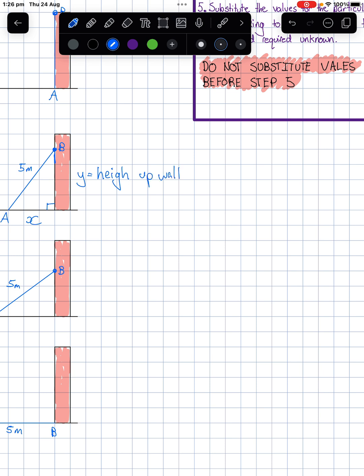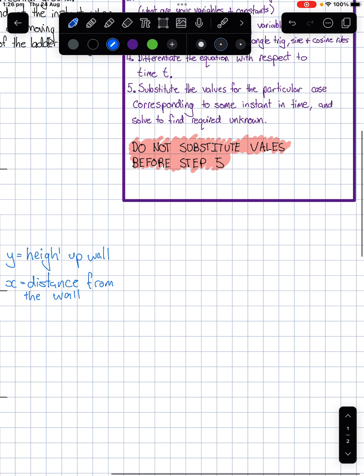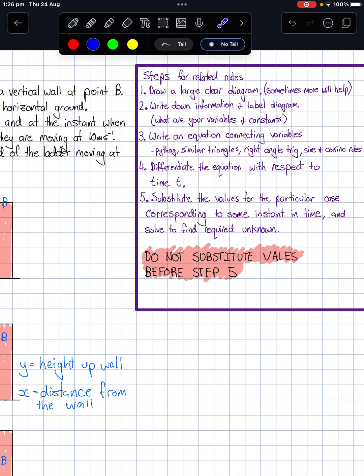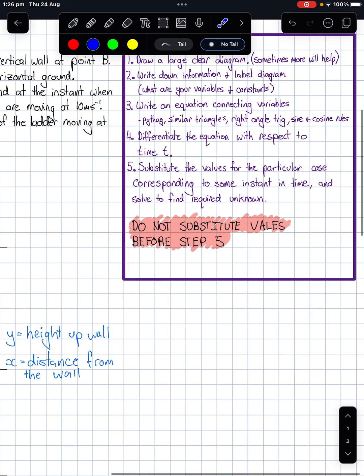And in this space, X is the distance from the wall. Now, if we were to consider taking the derivative of these with respect to time, so height, hang on a sec, let's just continue. Sorry, I'm getting ahead of myself. We should follow the instructions.